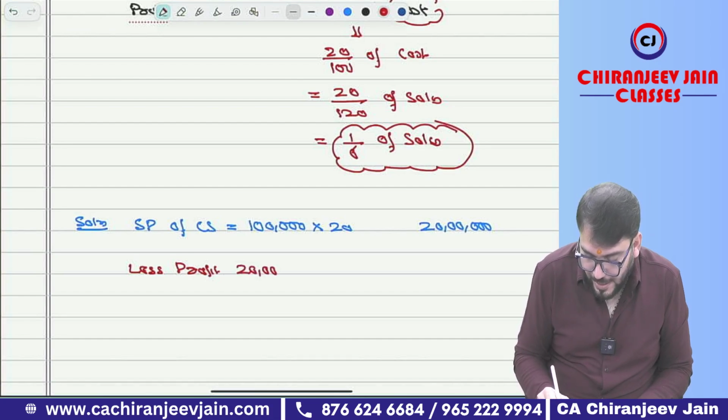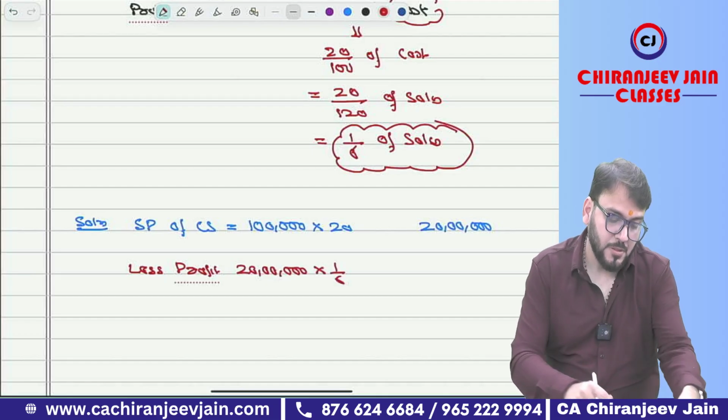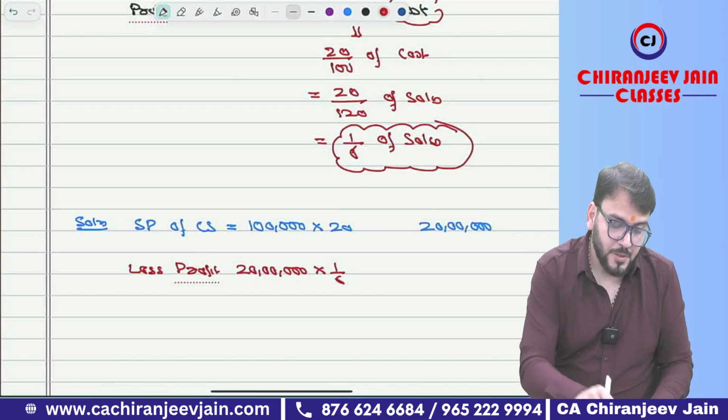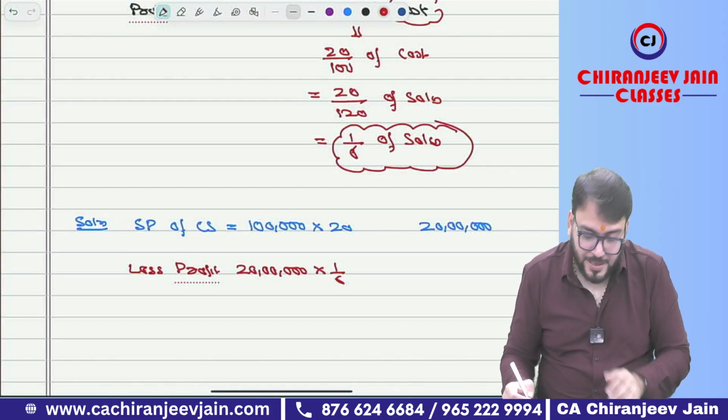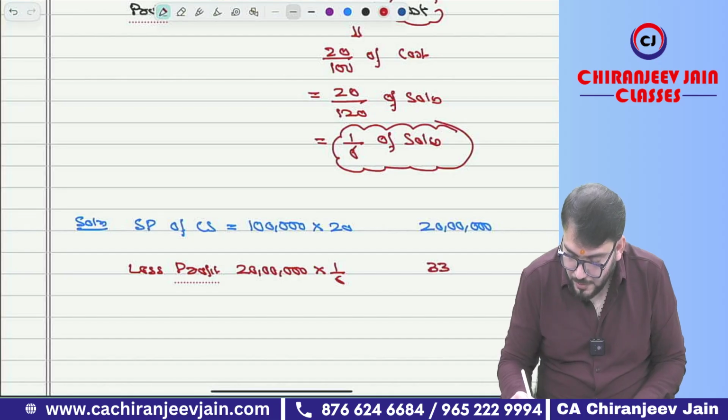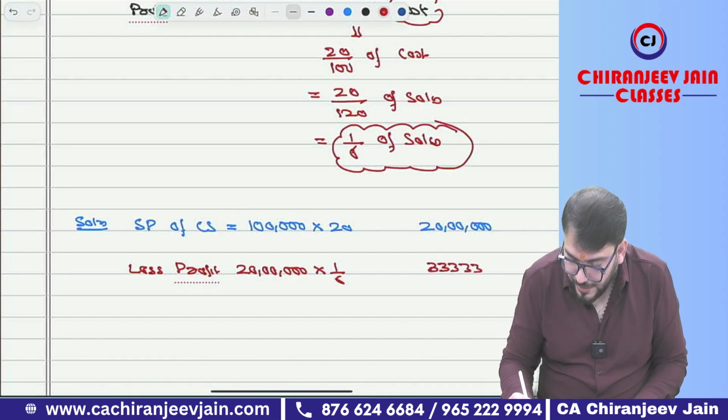Profit will be 20 lakh into 1 by 6. So 20 lakh into 1 by 6 is equal to 3 lakh 33,333.